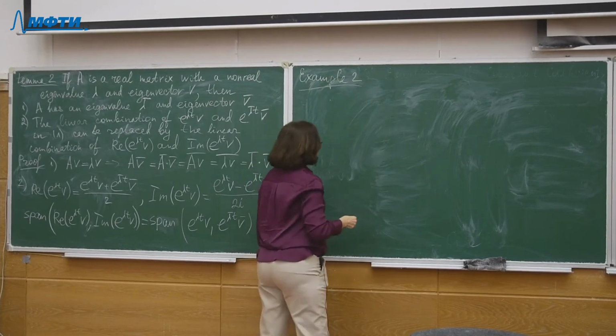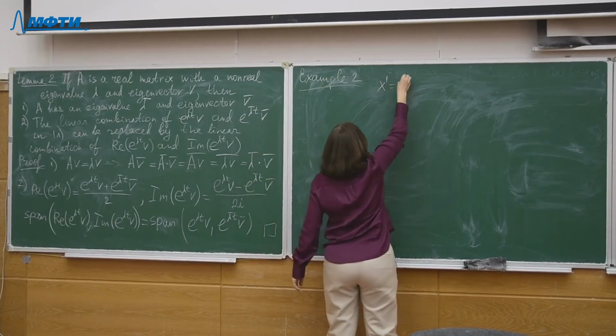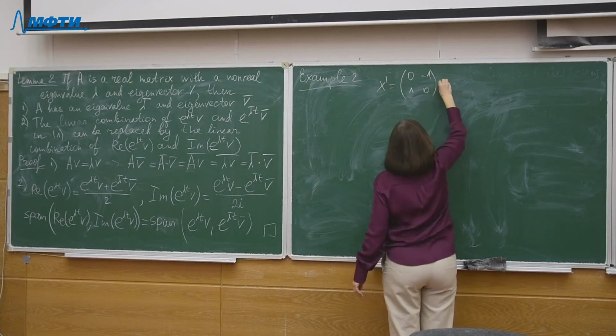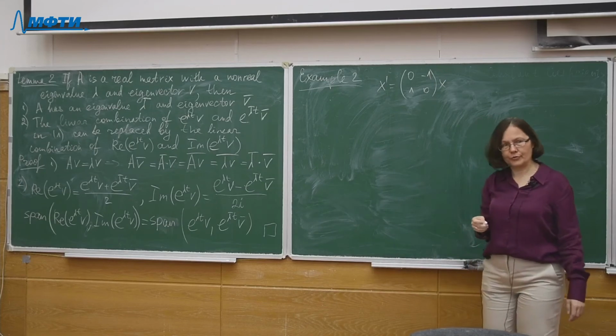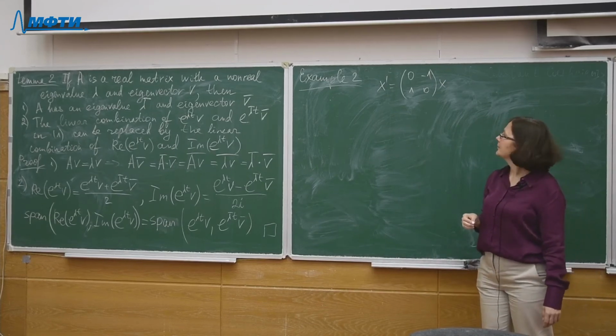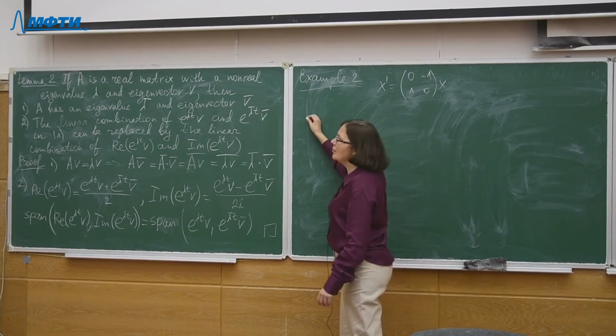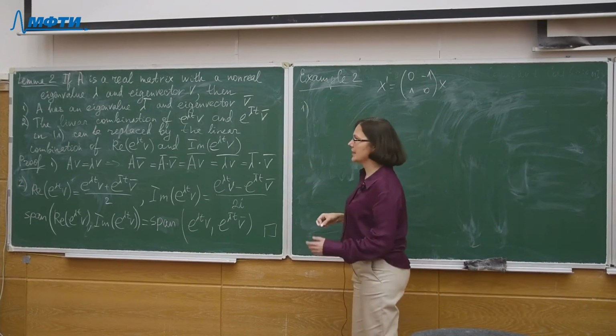Example number 2, x prime equals, let's try to solve this. Well, so our matrix, first let's find eigenvalues.